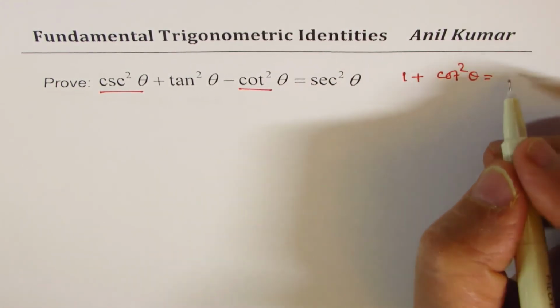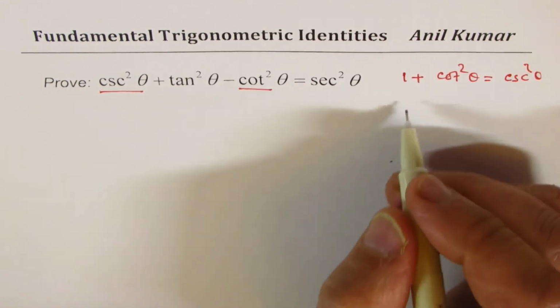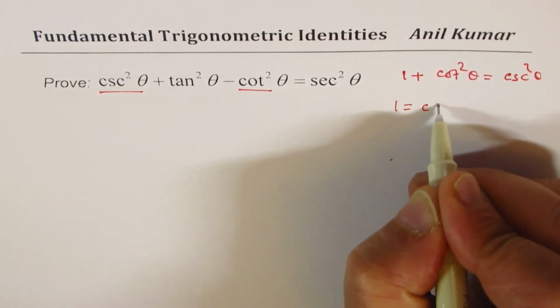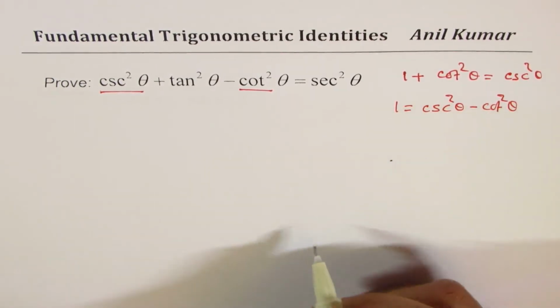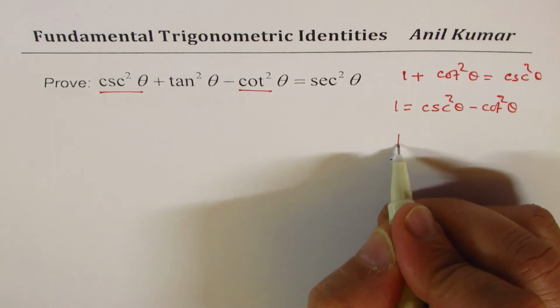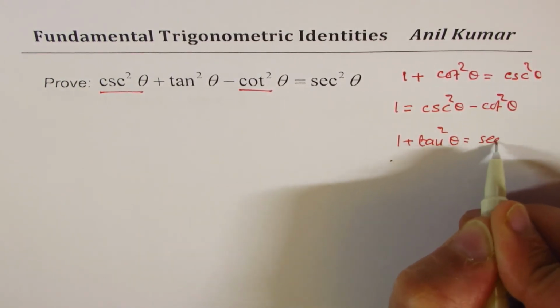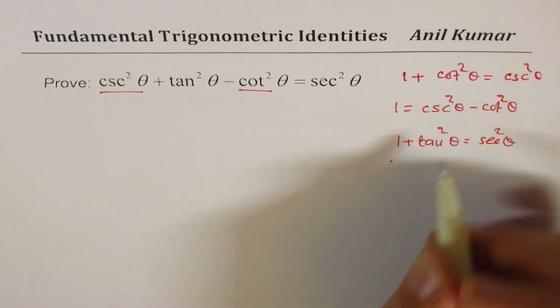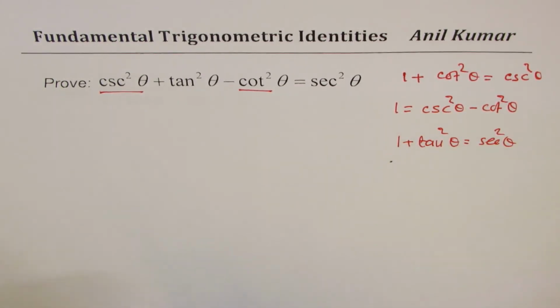It is cosecant square theta, right? So if you rearrange, you get 1 as equals to cosecant square theta minus cot square theta. Perfect. And you also know 1 plus tan square theta is secant square theta. So if you use two of these Pythagorean identities, it can be proven.